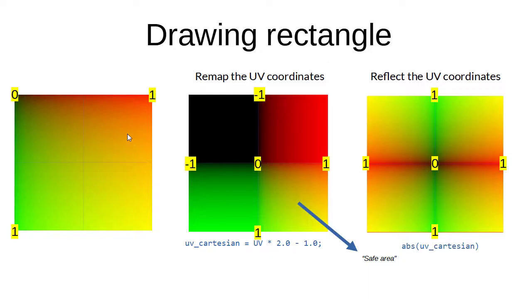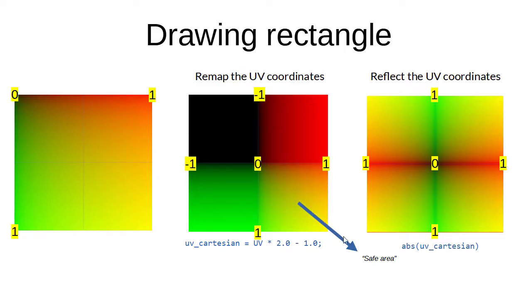To draw a rectangle, we will remap the UV coordinates. This is a very common technique to obtain coordinates similar to the Cartesian plane with positive and negative axes. In the upper left corner we have negative numbers, which cannot be represented in the RGB color space because it can only represent colors in the range of 0 to 1 positive.